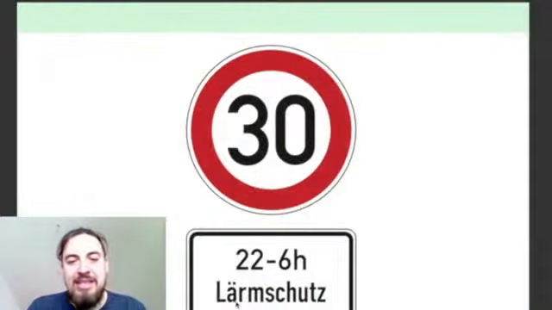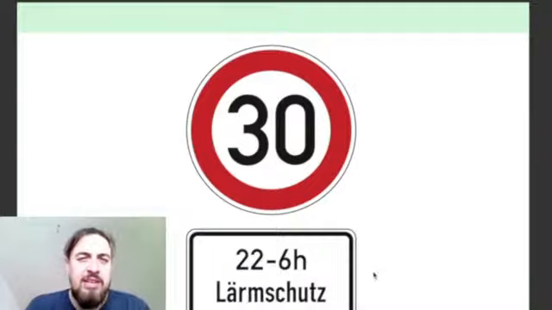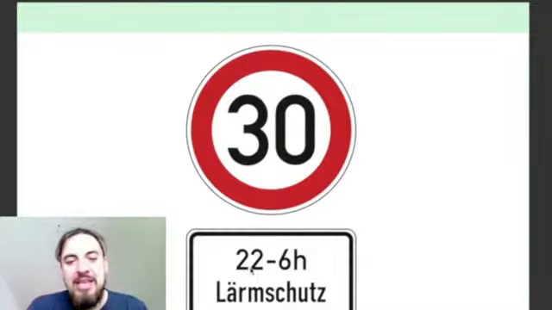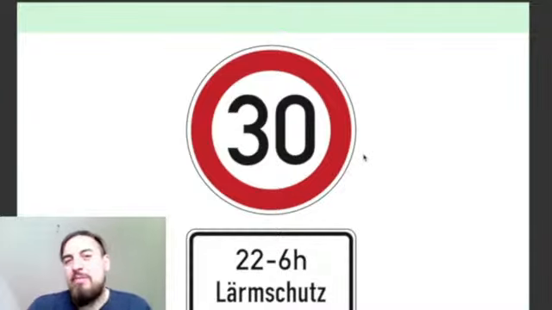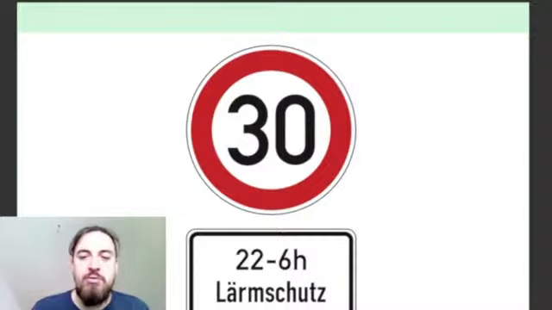This sign means Lärmschutz, protection from loud noise, and it applies between 10 p.m. till 6 a.m. in the morning, and there you're just allowed to drive 30. Why? Because you might wake up some people sleeping, and if the road is quite close to residential area, sometimes the speed is restricted to protect the ones who are living close to that road.